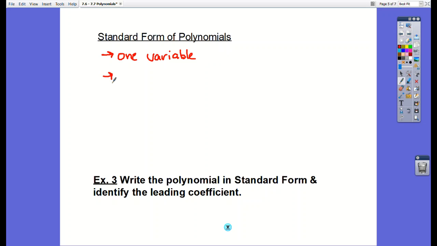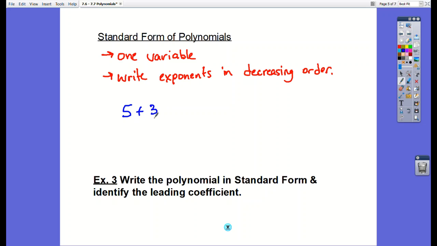And then you write exponents in decreasing order. So if we took a cubic trinomial, that could be something like 5 plus 3x cubed plus 2x.